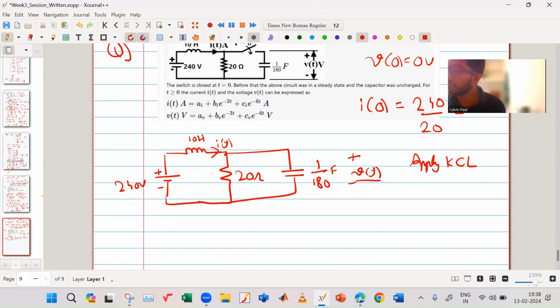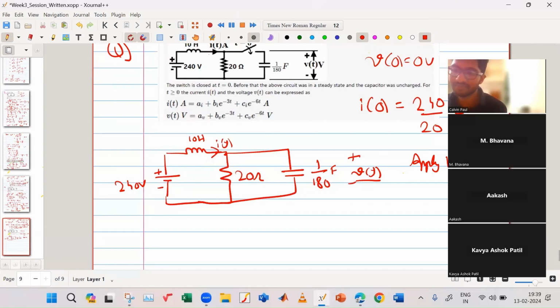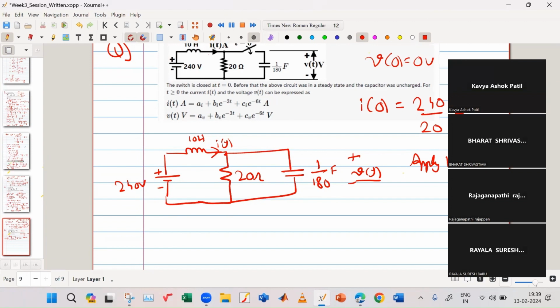So can anyone tell me what will be the KCL of it? Okay, Kavya, you're not answering. Bharat, Suresh, Raja Ganpati.